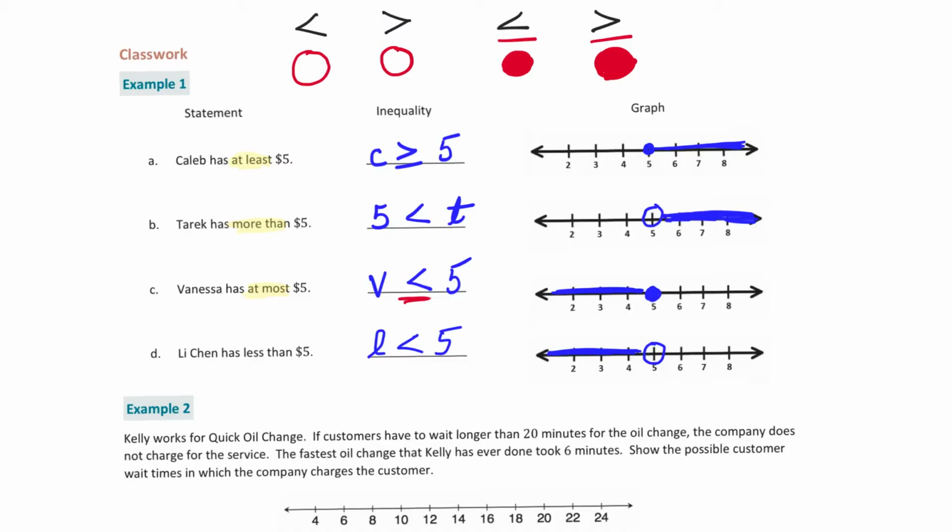I usually have students saying, oh, so if the symbol is facing this direction, I color it this direction, and that has nothing to do with it. This problem can also be written with the 5 first and then the symbol facing the variable. When you think of Pac-Man, Pac-Man is eating the variable.